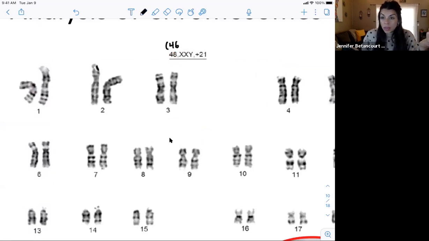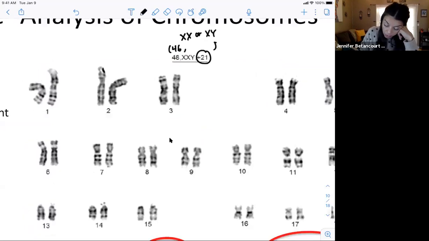Then the sex chromosome, so most people either have XX or XY. There are other sex chromosome aneuploidy syndromes as well, so this was just one example. And you can see that there's an extra chromosome 21. Okay, so that's how you would read the karyotype.